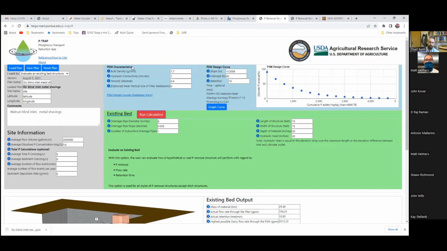Over here on the left, and up here in the blue, you've got your PSM physical characteristics, and then your phosphorus removal design curve. This is obtained from the flow-through experiments, and most people are not going to know that information. So we've added a library here called the PSM design curves database.